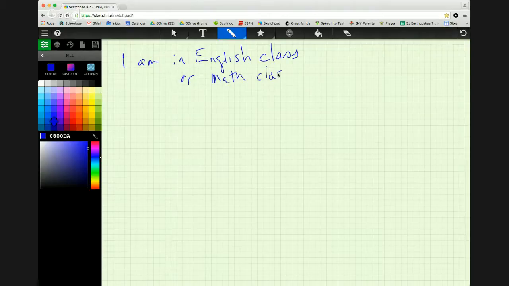And remember that we asked this question when we were in math class doing math. And so our key compound word here is the word or. We're trying to make sense of whether we are in English class or in math class.